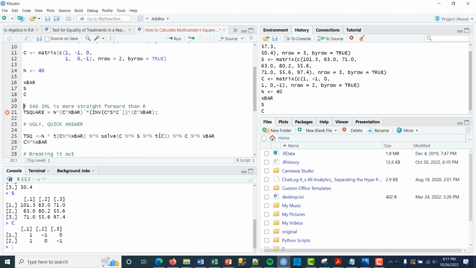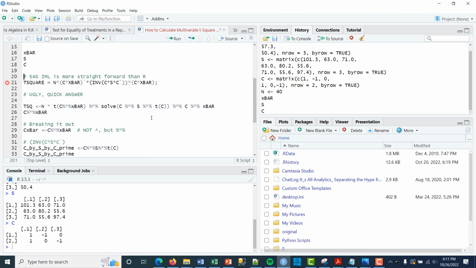Okay, so when I originally did this, I was in SAS IML. Just to show you, SAS IML is actually a lot more straightforward than R to do this type of thing.